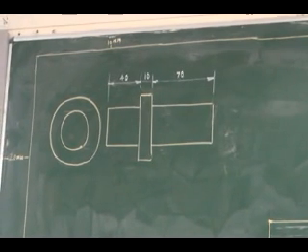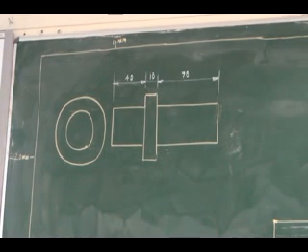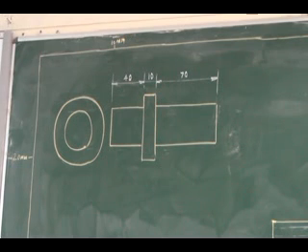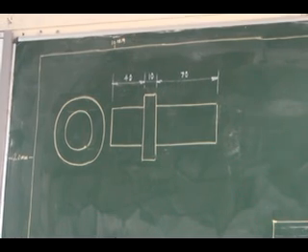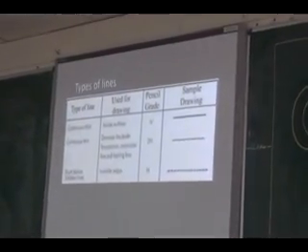To show the invisible edges, we will be using a hidden line. It is a small dash, and you should not leave more gap. You can see it has a small gap in between the small lines. So that is called hidden lines, normally used in representing invisible edges.